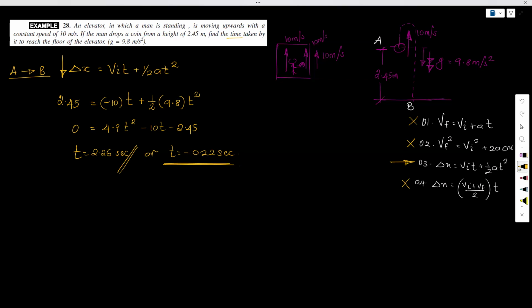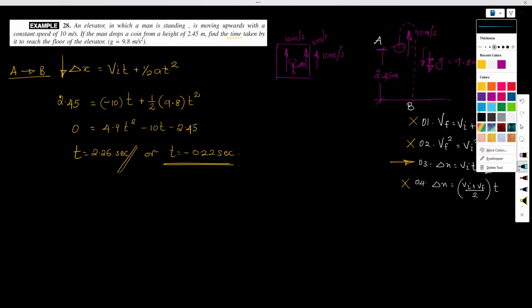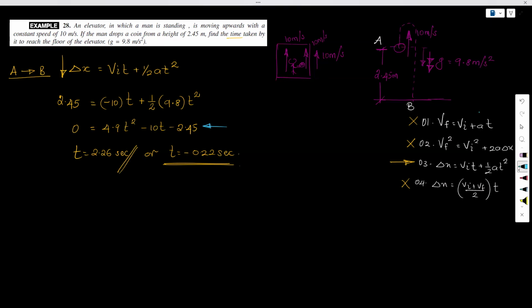If we are going to solve it using a pure mathematical way without any calculator, the theory behind that is, if we have a quadratic function ax squared plus bx plus c equal to 0, then the roots of this function are given by minus b plus or minus square root of b squared minus 4ac, divided by 2a.